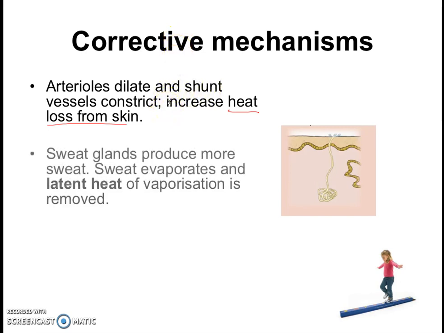Right, next, your sweat glands will become more active and will produce more sweat. Alright, so more sweat will be secreted, and this sweat will evaporate and will remove latent heat of vaporization from the surface of your skin. Now, what is this latent heat of vaporization?